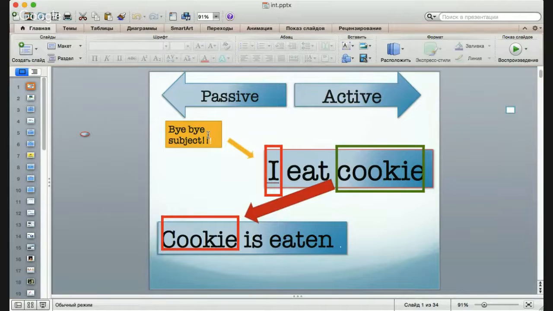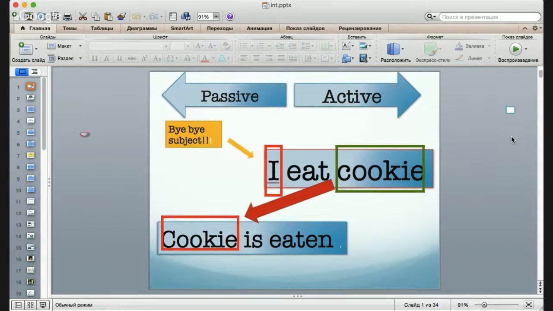So, in most cases, on a daily basis, we use active voice. And the opposite of active voice is passive voice. Let's have a look at the example. The example is the following one: I eat cookie. That is a sentence in active voice.